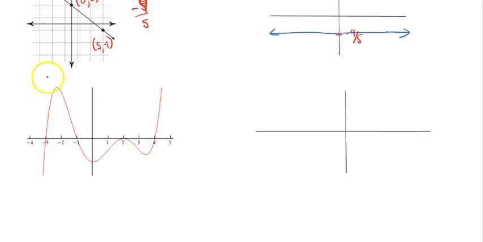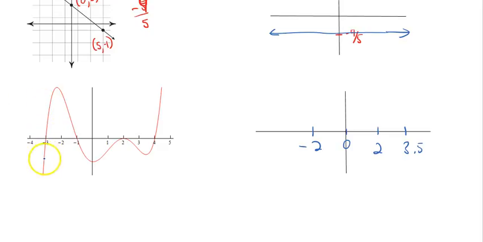So obviously it's going to change at negative 2 and 0 and positive 2 and about 3.5, we'll say. And then just work on shaping your graph over here. So pause and try to do your own graph.